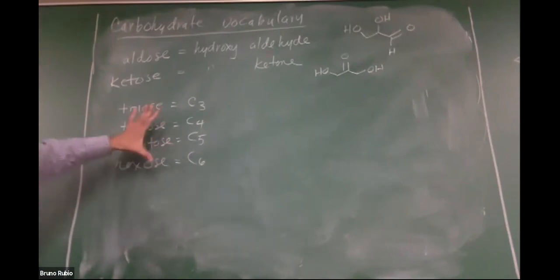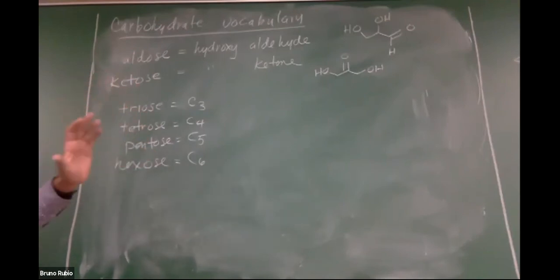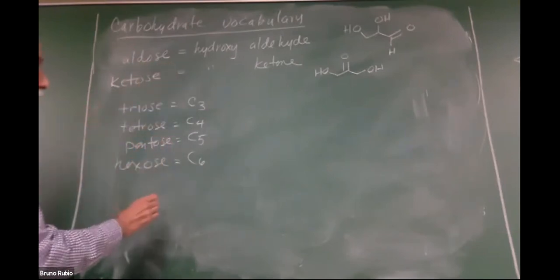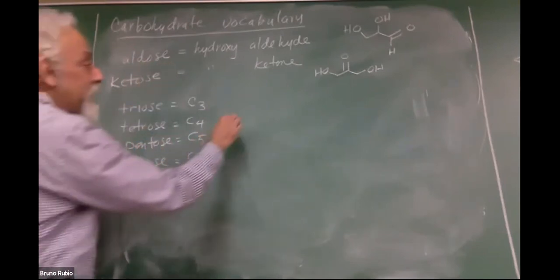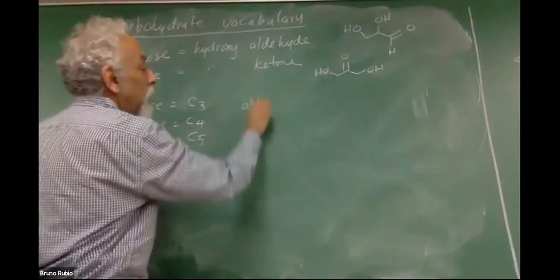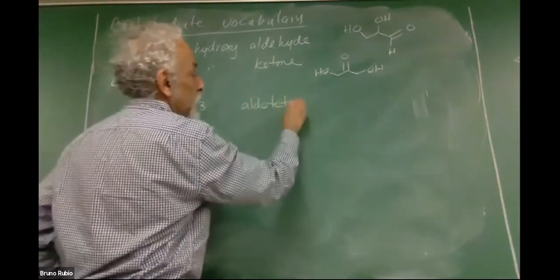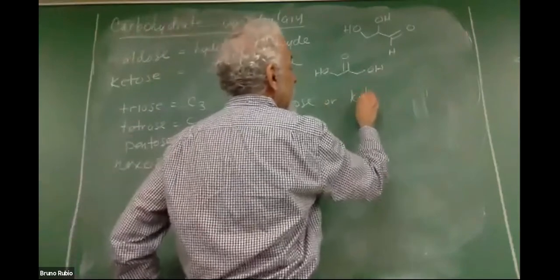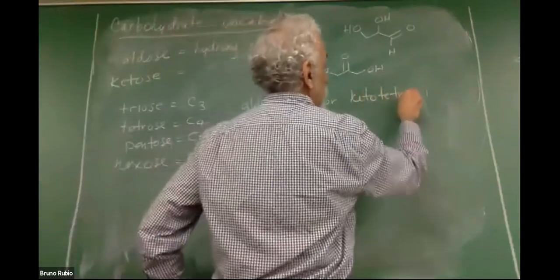And then we can combine the aldose and ketose terms with this triose, tetrose business to form yet another specification for a carbohydrate. So combine these two, and we get something like an aldotetrose, or a ketotetrose.